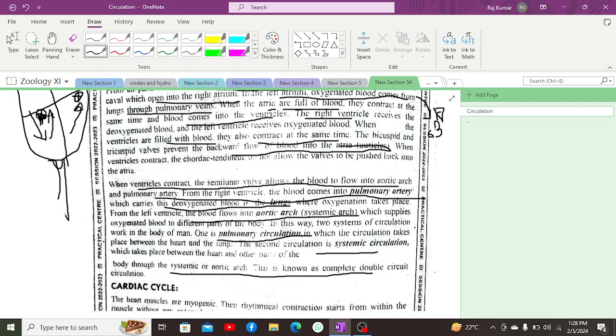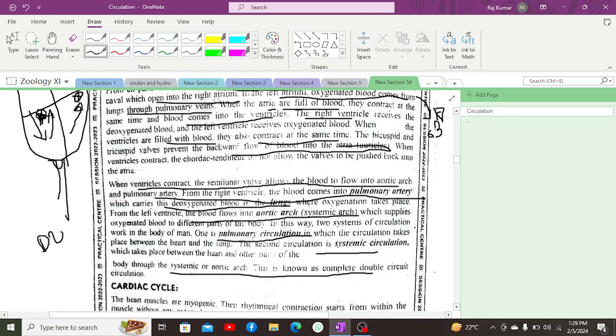Some of the blood present within the pulmonary artery and aorta tends to move back into the ventricles, but since the semilunar valves are closed, the blood collides with the semilunar valves, as a result of which it produces the second heart sound, which is known as dub. Lub dub.